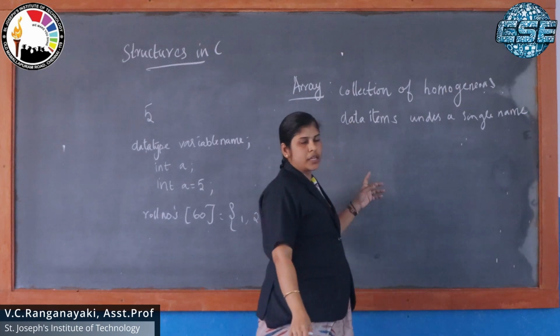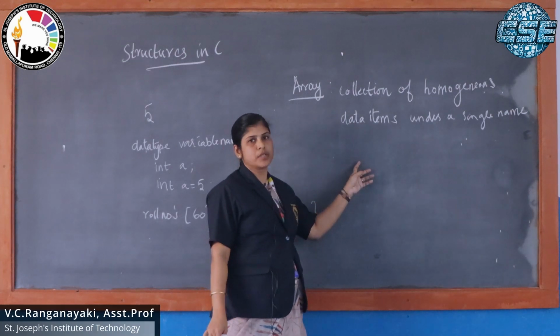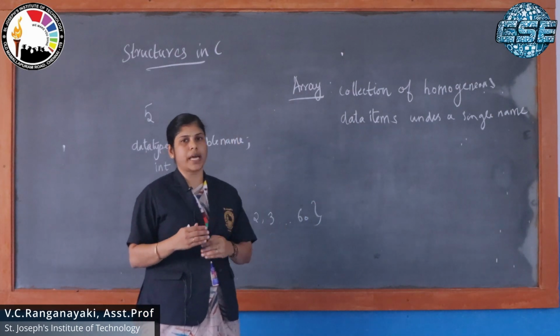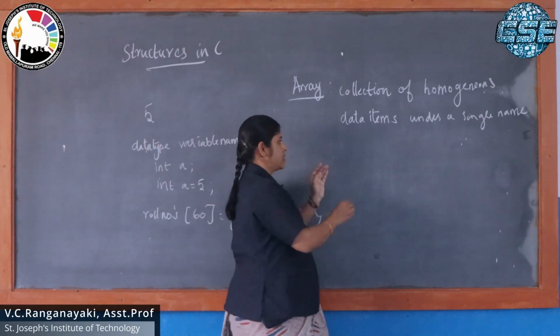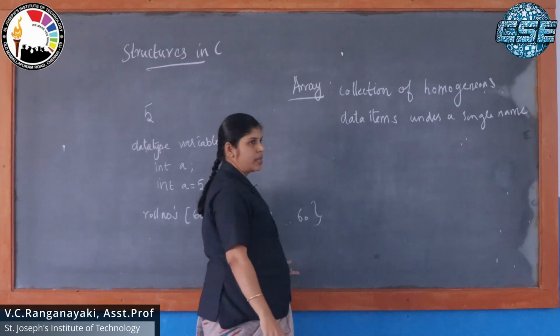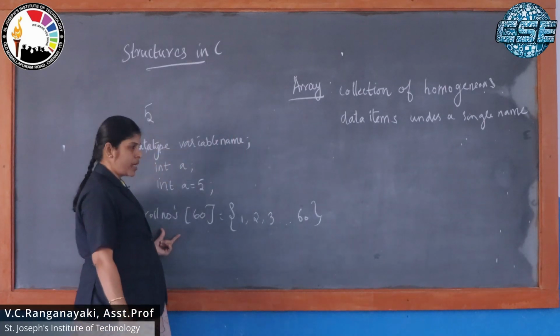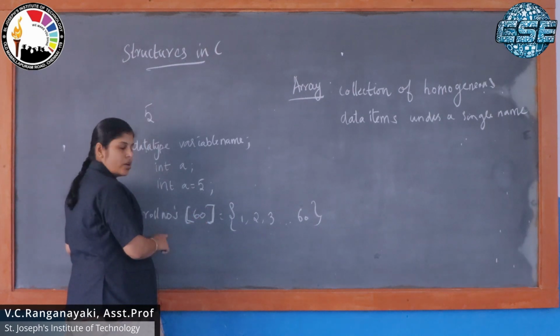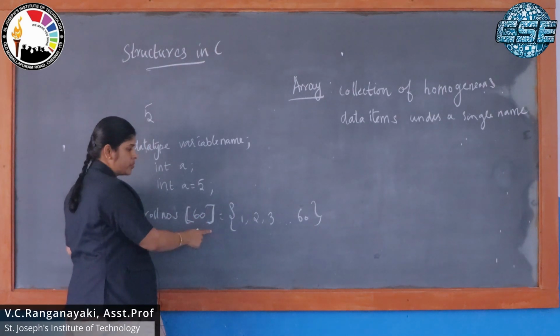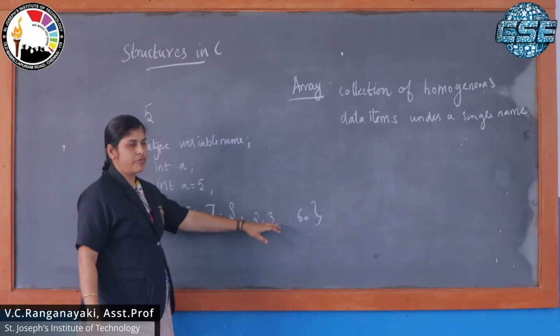Homogeneous means a collection of the same type under a common name. Roll numbers of 60 students. Likewise I will declare roll numbers of 60 students as an array of size 60, which equals 1, 2, 3, 4 up to 60.